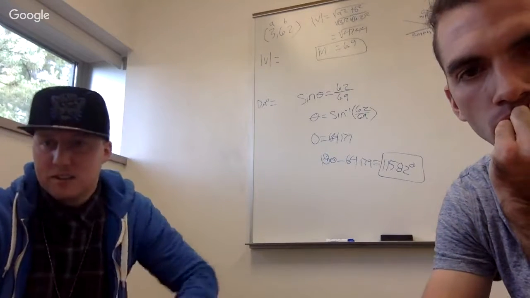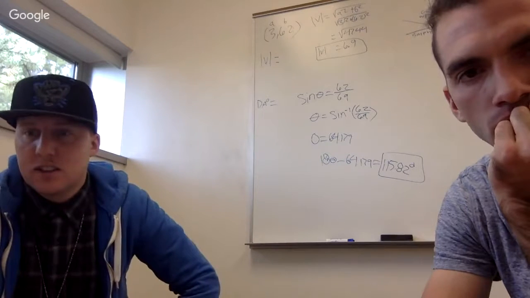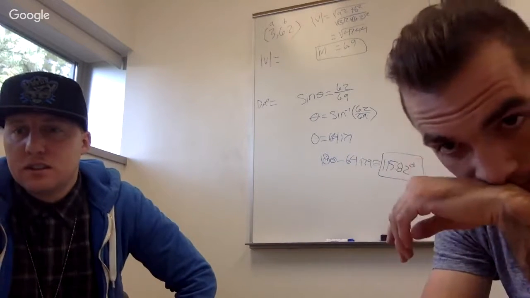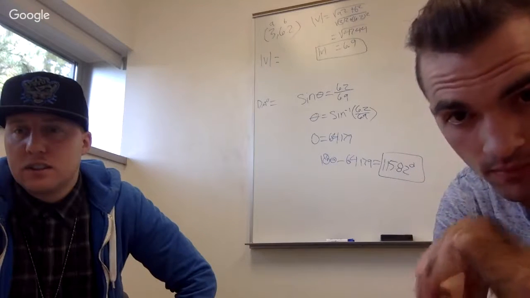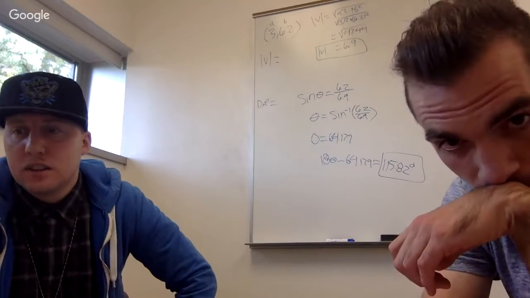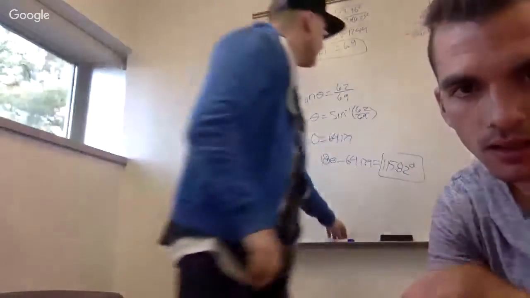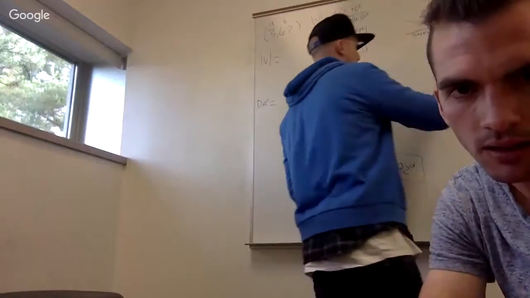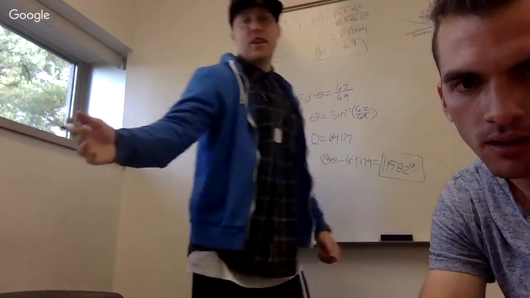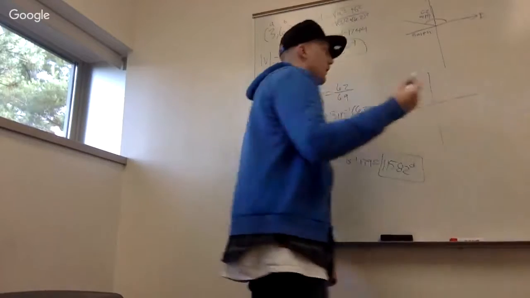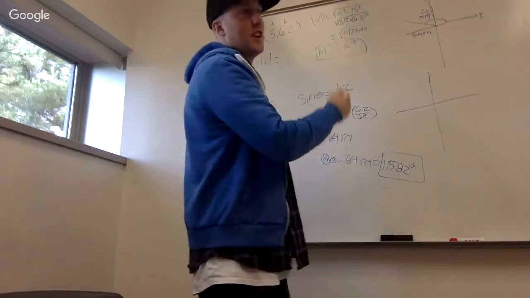Look at the vector quadrant. Okay, so it's like this. This is how we know, because this one didn't give me a picture. You have to find the rectangle, right?